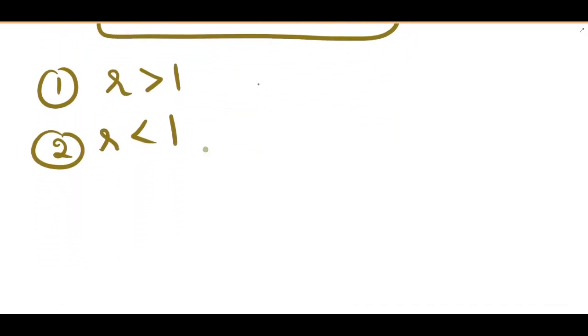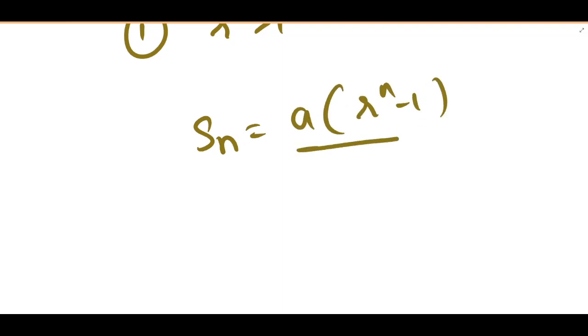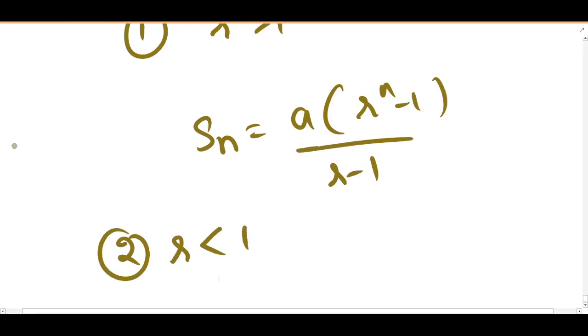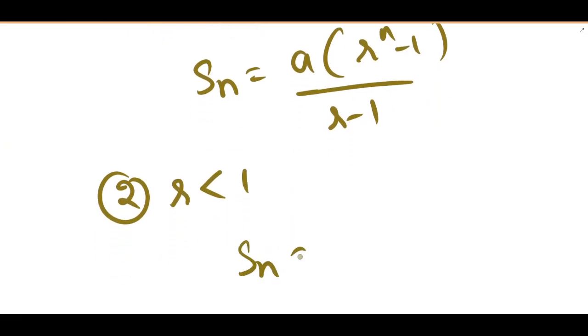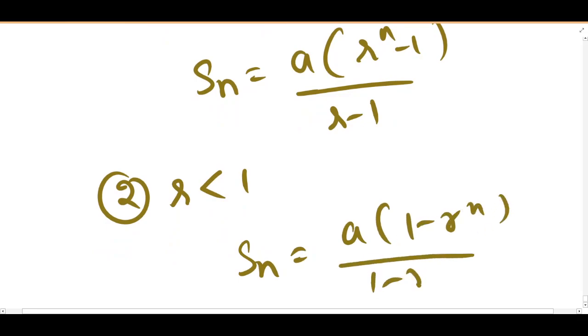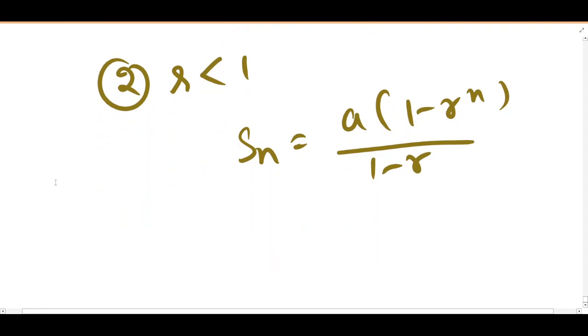For r greater than 1, we have Sn equal to a(r^n minus 1) divided by (r minus 1). And second, for r less than 1, we have Sn equal to a(1 minus r^n) divided by (1 minus r). So this was about the sum of terms of a geometric progression.